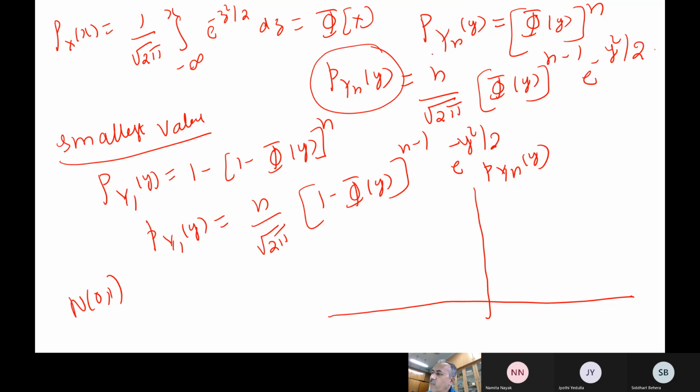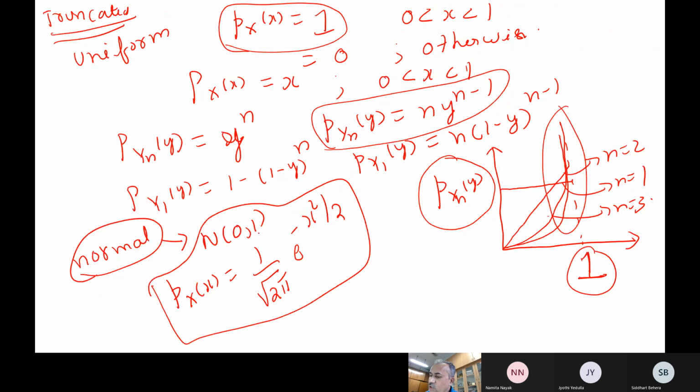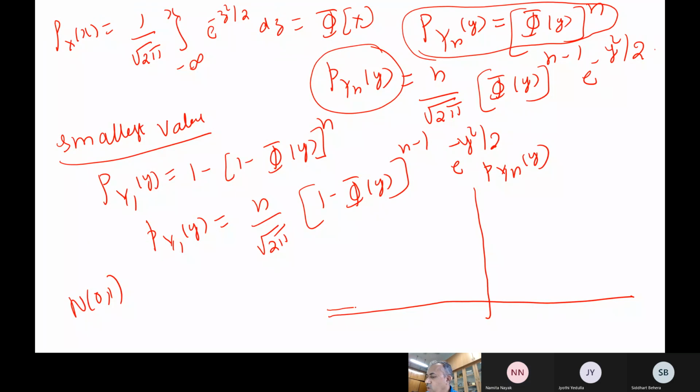When n is equal to 1, what happens to your P_Yn(y) or the density function? It will be the same as the data point. Originally the data we are assuming is what type of distribution? Normal distribution, standard normal. So when n is equal to 1, your largest value will be the same as the data itself.